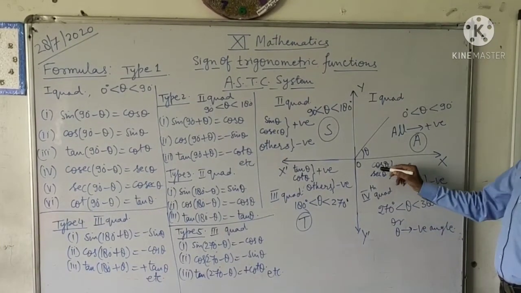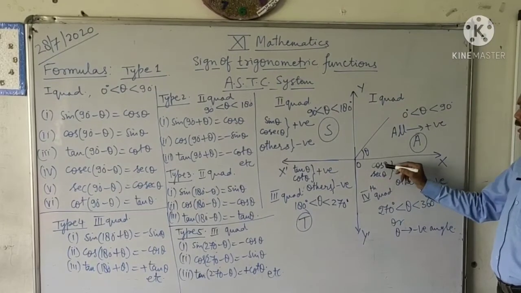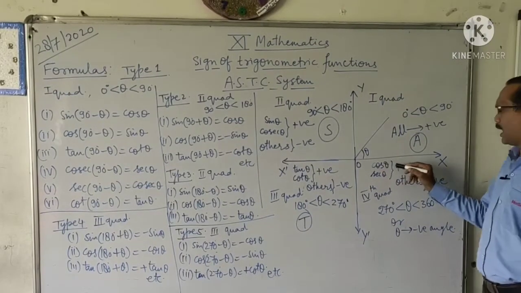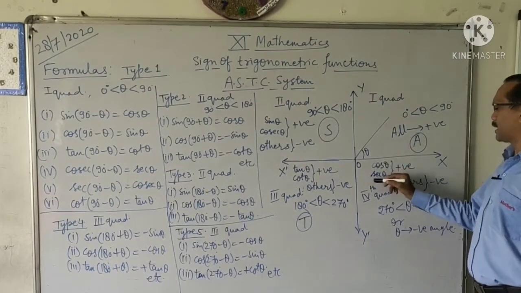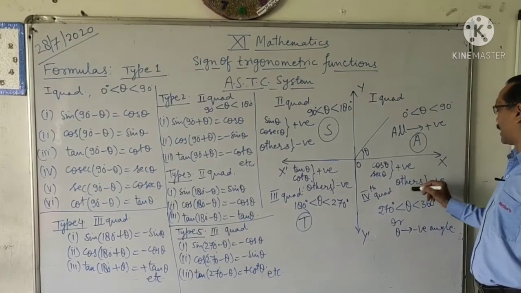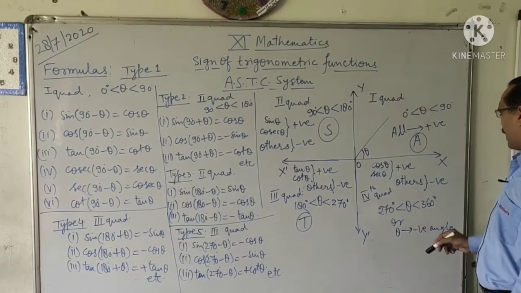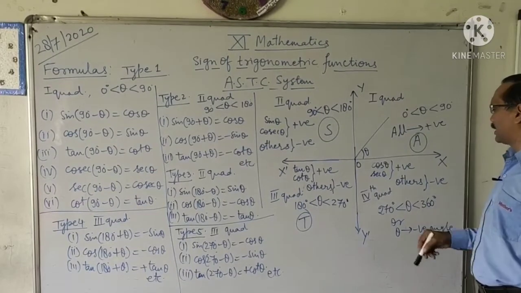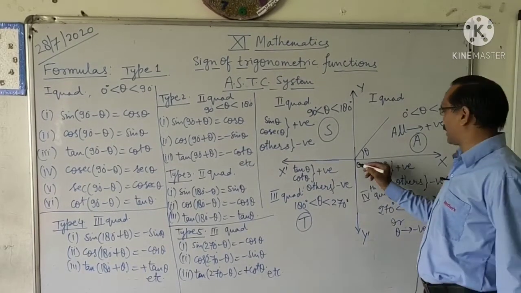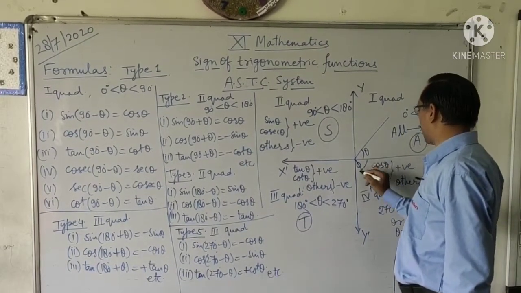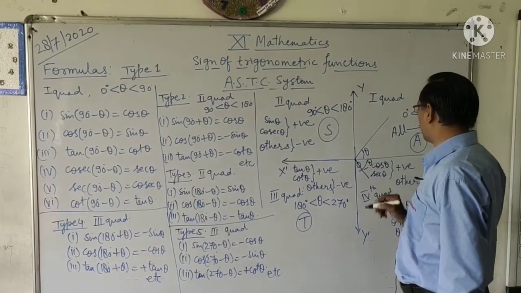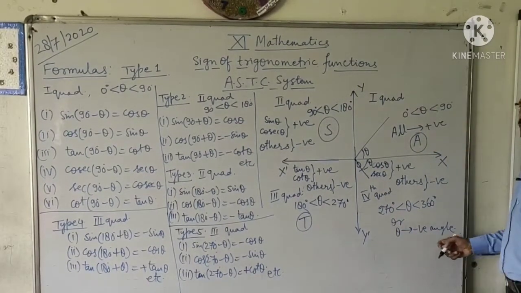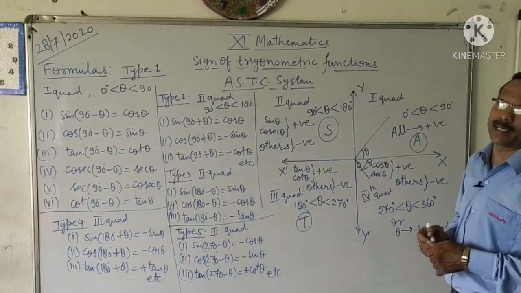And here cos theta and its reciprocal sec theta are positive and the others are negative. And here the angle is negative also. If we take this angle, it is minus theta.